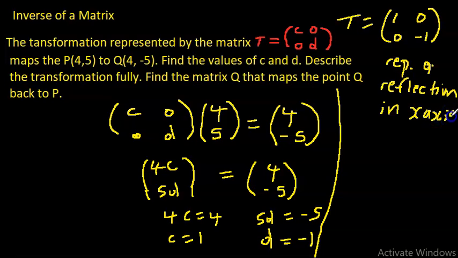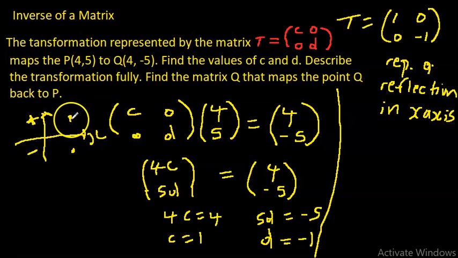Remember, the coordinate setup has the x-axis and the y-axis. If you have a point up here, say (4, 5), and you reflect it in the x-axis, it will come over here through the mirror line. Up here the y is positive, and down here the y is negative.